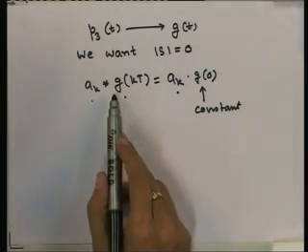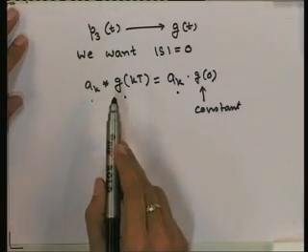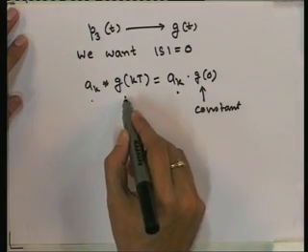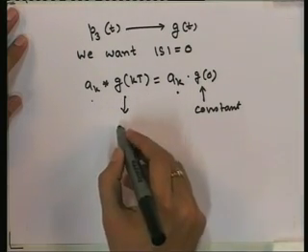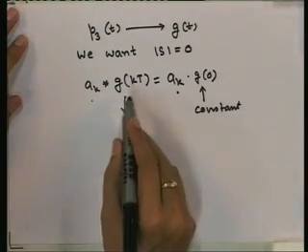This will be true if and only if this sequence g(kT) is the delta sequence, that is, it has only one non-zero value.